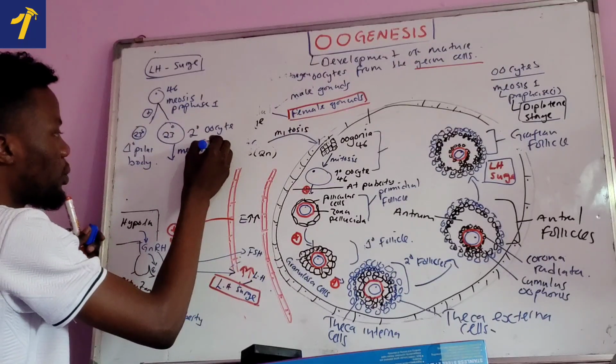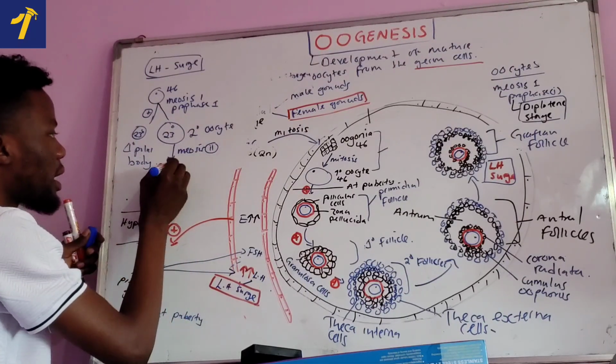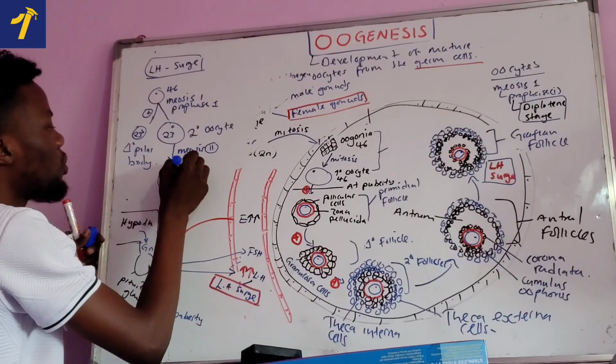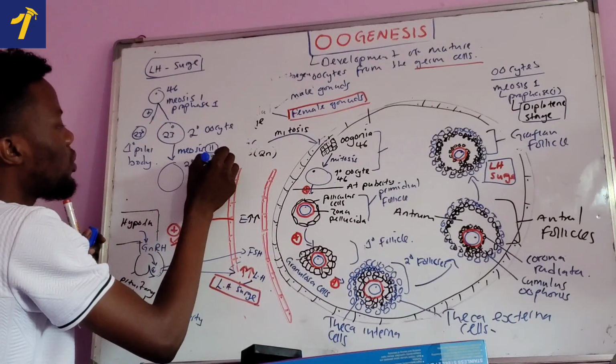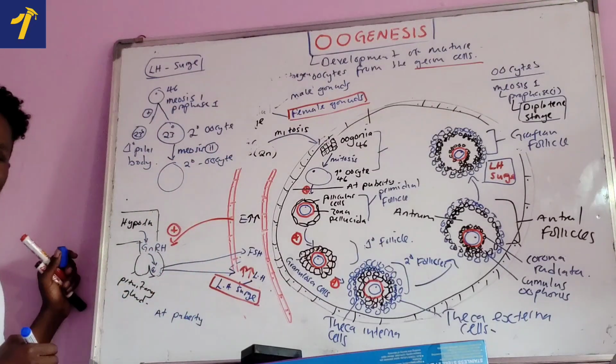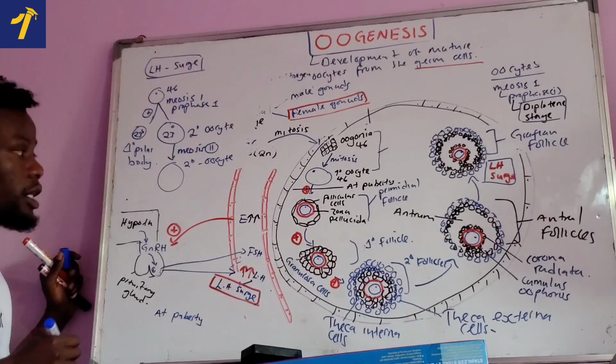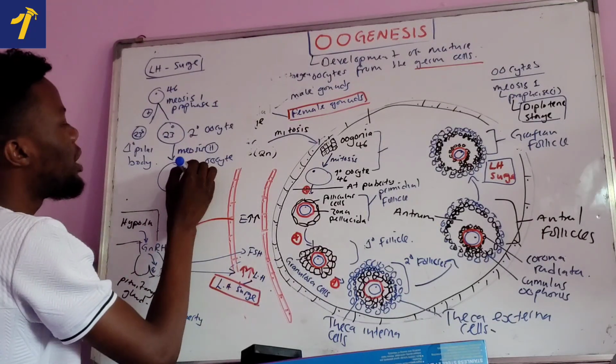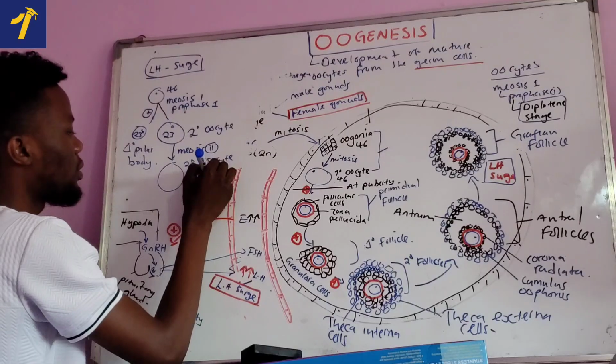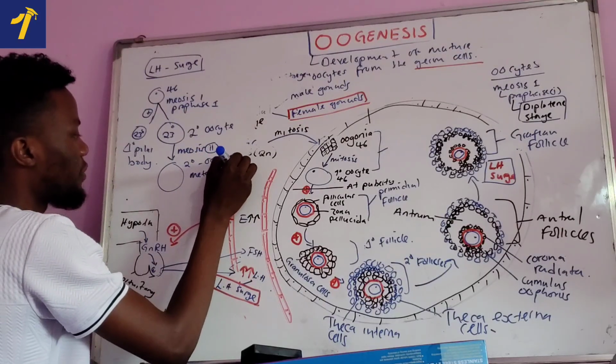Okay, meiosis 2. Now what's going to happen is that this secondary oocyte is going to be arrested. Okay, it's going to be arrested in the what? Metaphase 2. Take note of this.